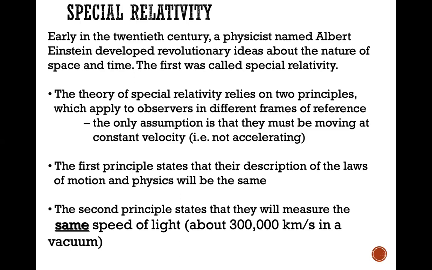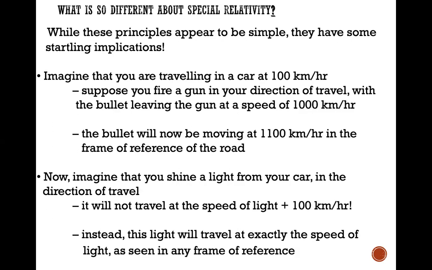I mean, all of you know about this. The second principle is that when we measure the speed of light, it is a constant, about 300,000 kilometers per second in a vacuum, and this will not change from observer to observer. These are the two principles that he introduced.